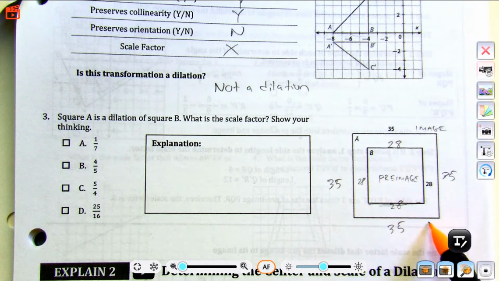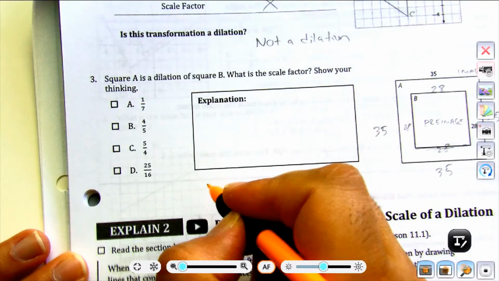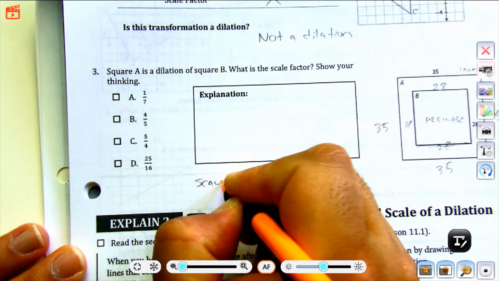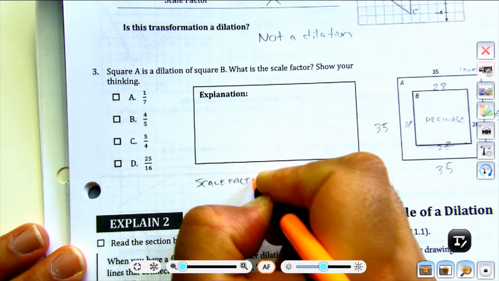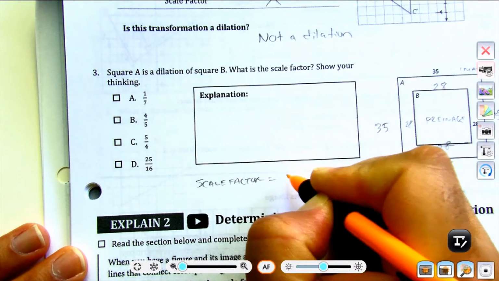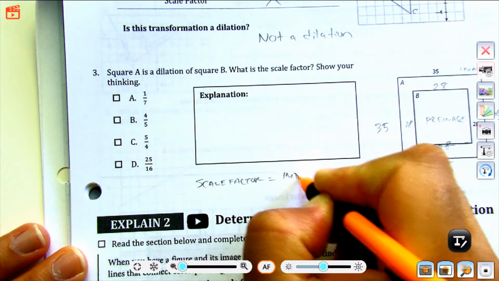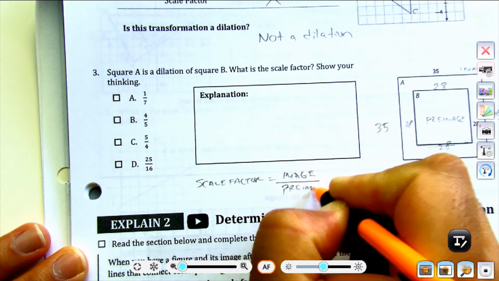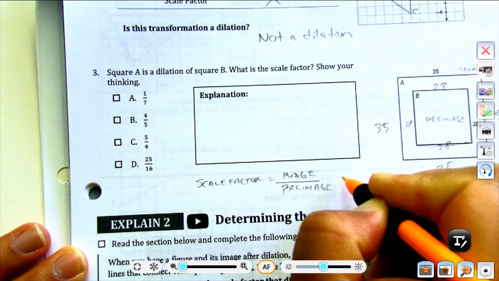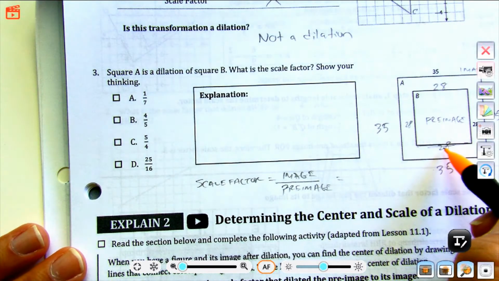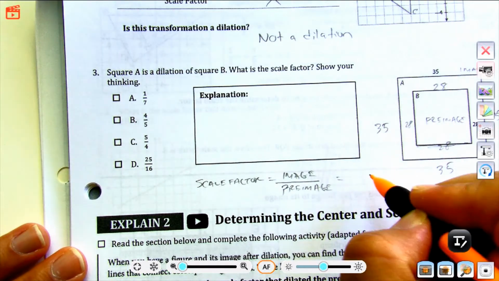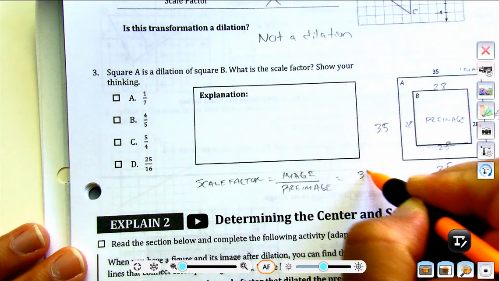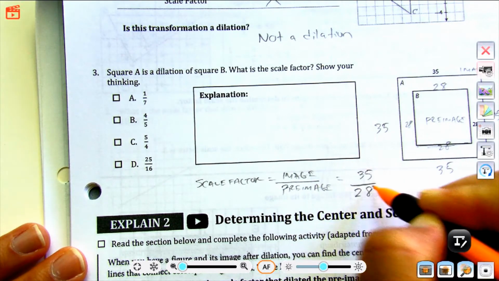So how do we find the scale factor? So let me do that right here. The scale factor is the ratio of the image divided by the pre-image. So if the image is 35 and the pre-image is 28, we have 35 over 28.